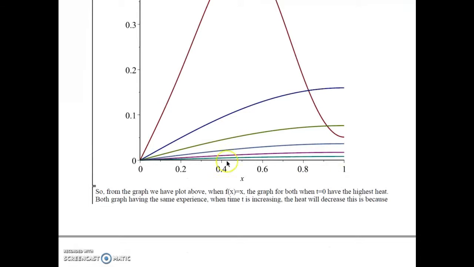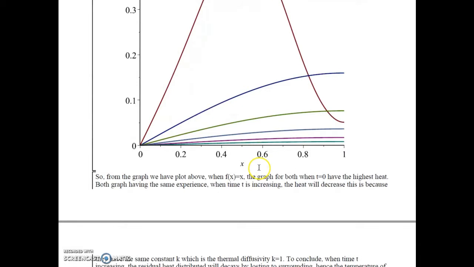You see that? The k value is getting higher and higher, and your graph is getting lower and lower until it touches the x-axis, to the same graph.